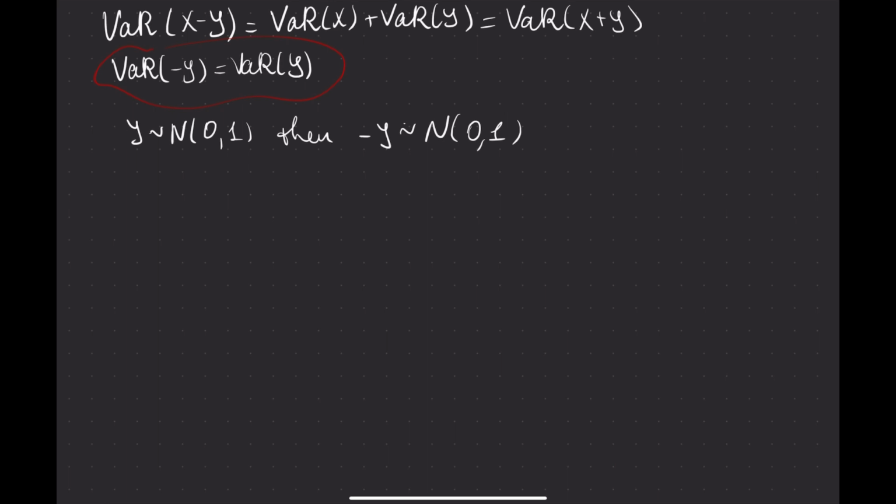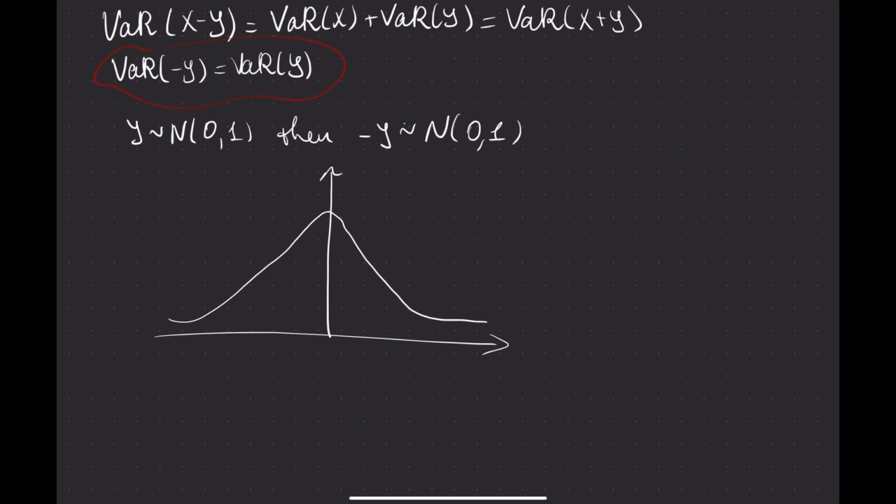When you negate a standard normal variable and make negative y from y, you essentially flip the distribution about the vertical axis. It's not exactly a bell-shaped curve, but anyway, you have a mean of 0.